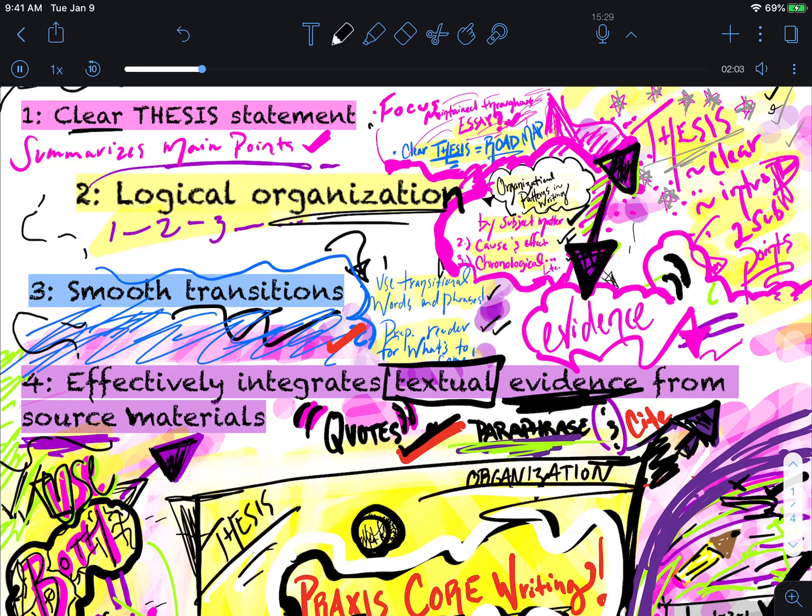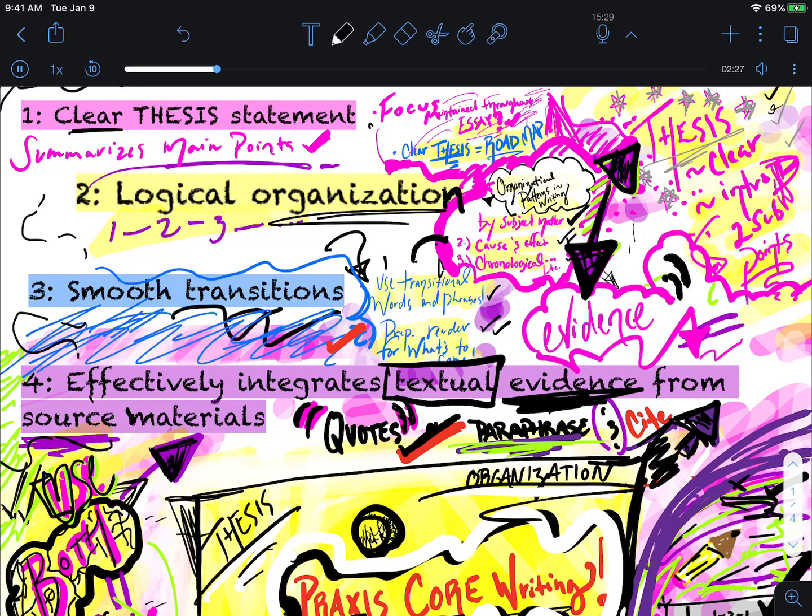You can choose different types of ways to organize your writing so it makes sense. And the ways that we organize writing, where it's recognized as a pattern, would be by subject matter, cause and effect, chronological or time order, etc.